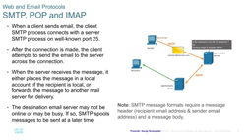Note: SMTP message formats require a message header. The recipient email address and sender email address are included in that message header, and a message body which includes the data that the sender is trying to send to the recipient.